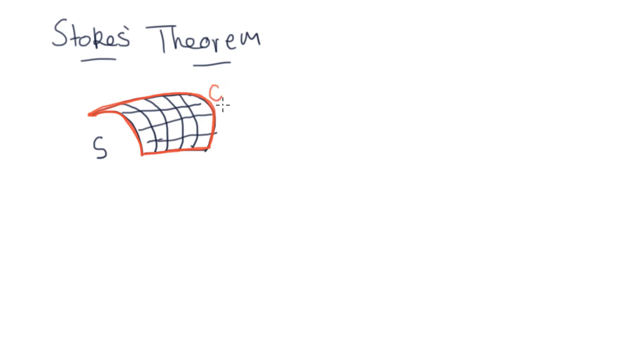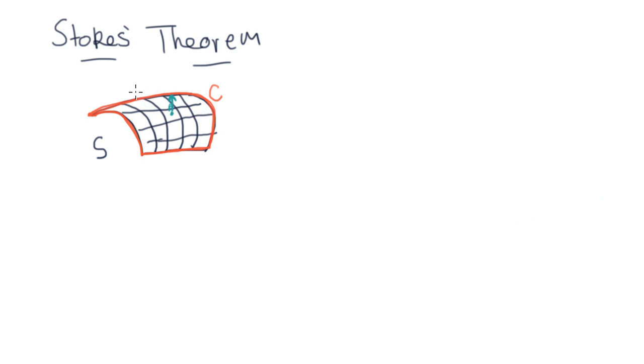Now what we need to do is give an orientation to C. And the convention we're going to use is that if I look at a point on the surface and look at the normal direction, I'm going to pick the orientation of the surface to be up. So in other words, the normal direction of the surface is going to be up.